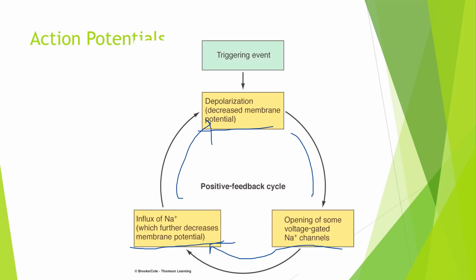And that will continue until those channels are inactivated, where then we start going back into negative feedback, where now the potassium channels are going to reestablish that membrane potential to rest.